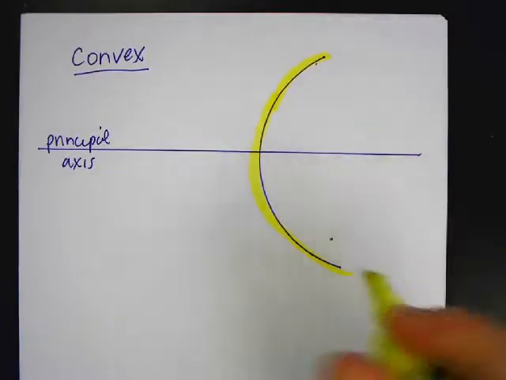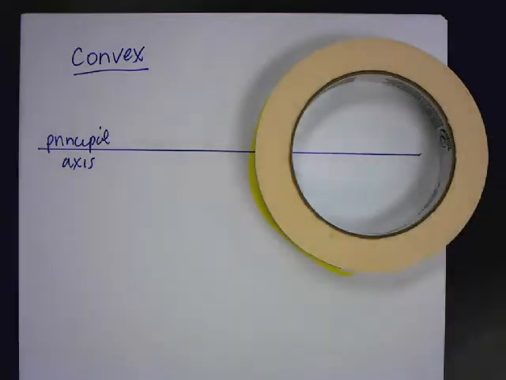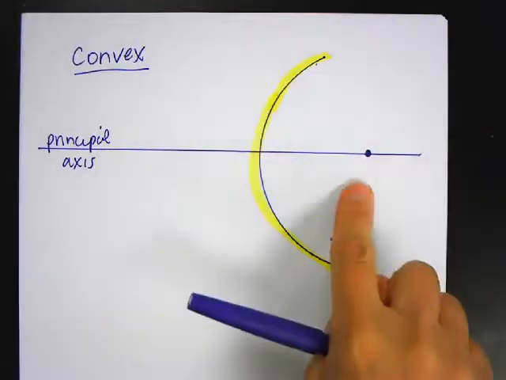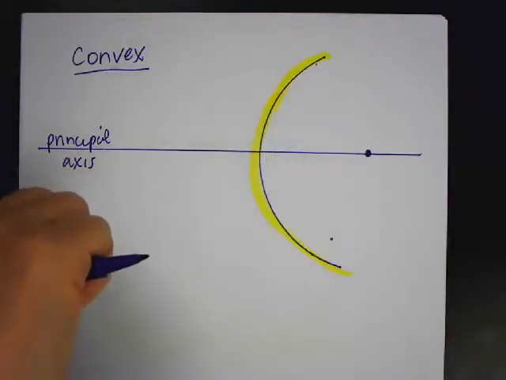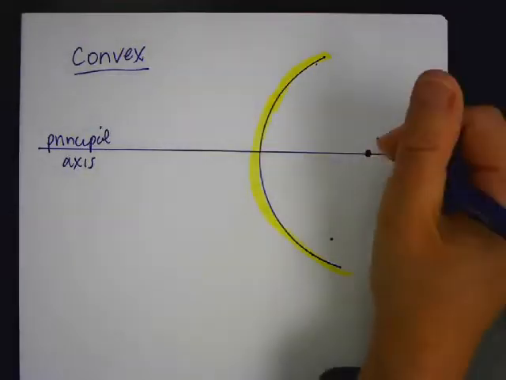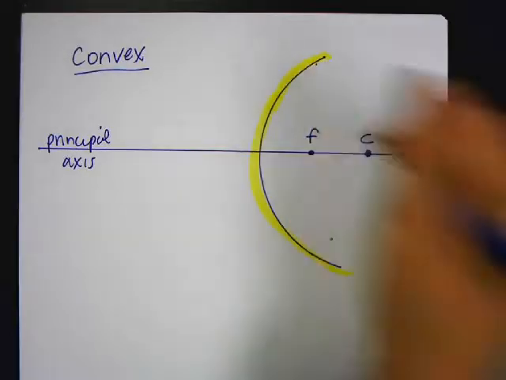Now yesterday when we drew the circle, it went the other way. So if I was to draw my center of curvature, do you notice that the center of curvature is on the other side of the mirror than when we did the concave? Okay, so this is my center of curvature, which means my focal point is going to be here.